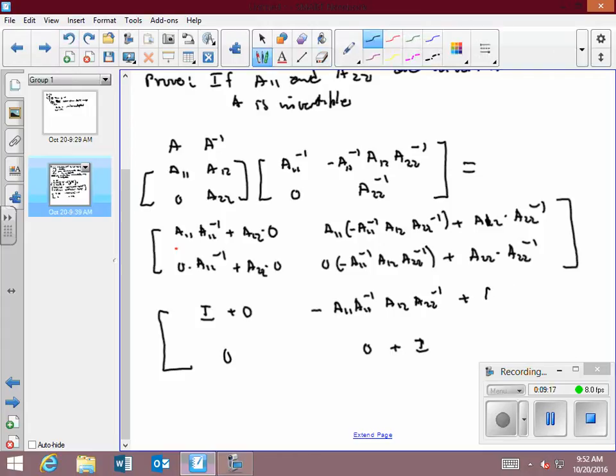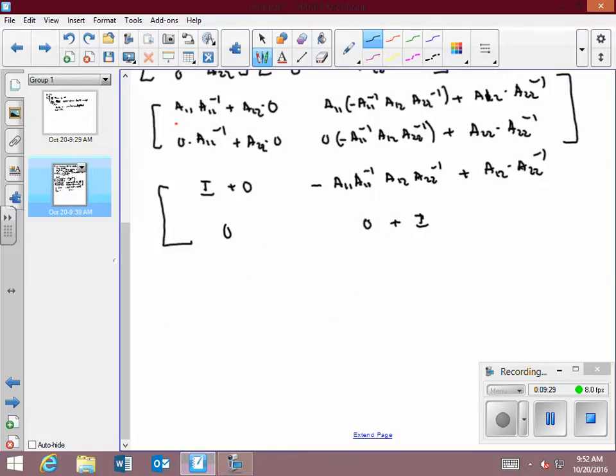This is an A12 times A22 inverse. So this is I, and this is a negative I times A12 A22 inverse plus A12 A22 inverse.